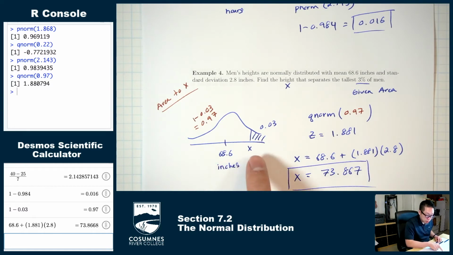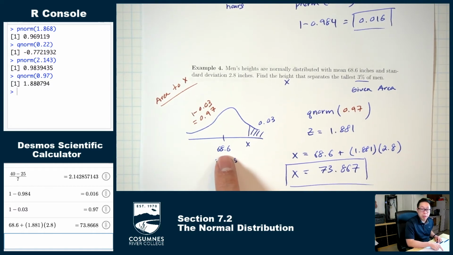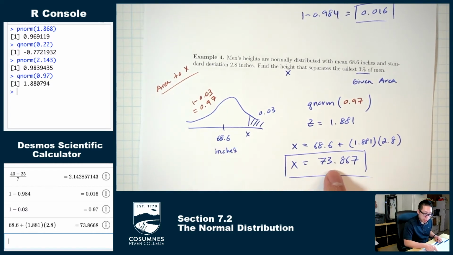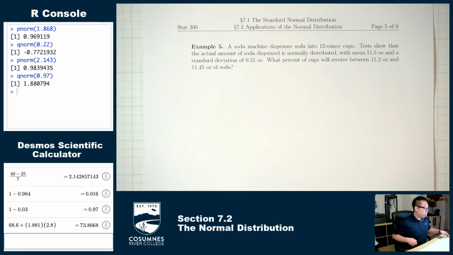Okay, I was expecting some x that's to the right of my 68.6, right? 73.867 is to the right. Looks good. All right, before we move on, let me back up a bit and point out something.